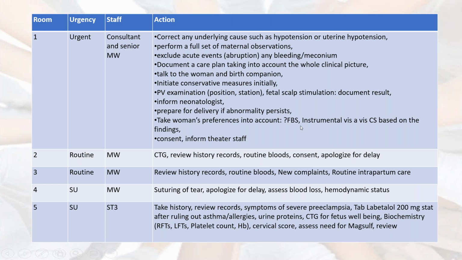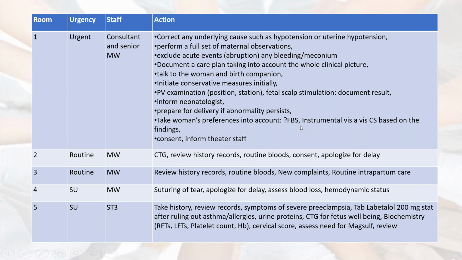But it is controversial, because many ask whether FBS should be done in second stage before deciding on emergency delivery. If it is second stage with pathological CTG, you would most probably hasten the delivery.